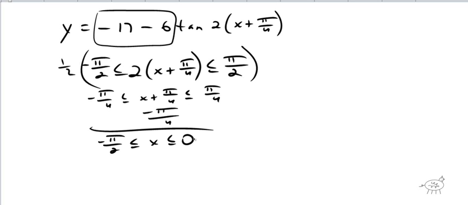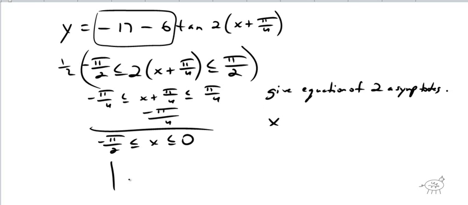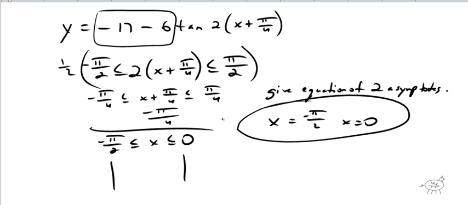So if I ask you for a specific question, give an equation of two asymptotes, it's easy. You just look at these endpoints right here. x equals negative pi over 2 and x equals 0.